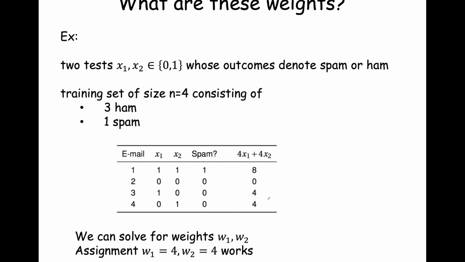And so we can solve from this for weights W1 and W2 using that idea of a threshold of 5, and having W1 equal 4 and weight W2 equal 4, that works. So this expression, 4 times the outcome of test X1 plus 4 times the outcome of test X2, that sum is a good way of combining X1 and X2 with weights W1, W2 equals 4 and 4, such that we know that this threshold greater than or equal to 5 of determining spamminess holds.